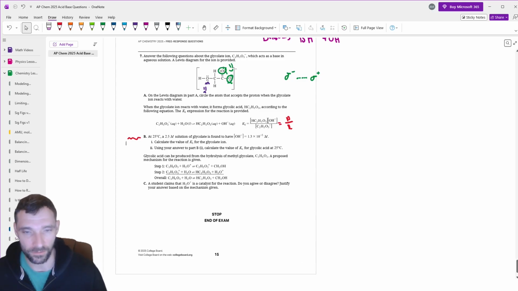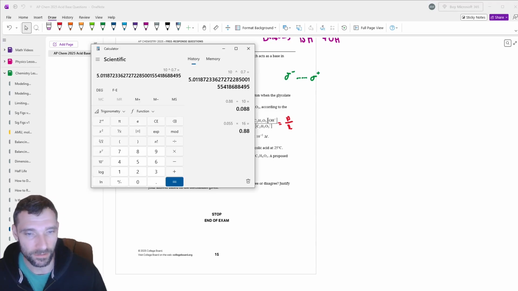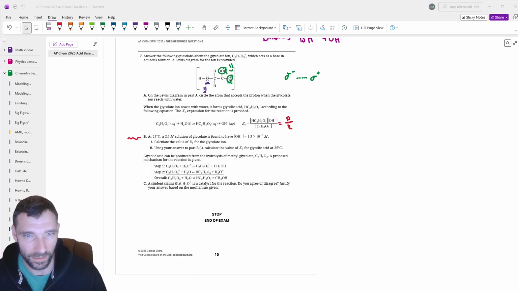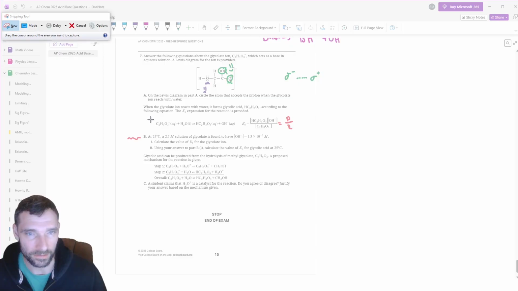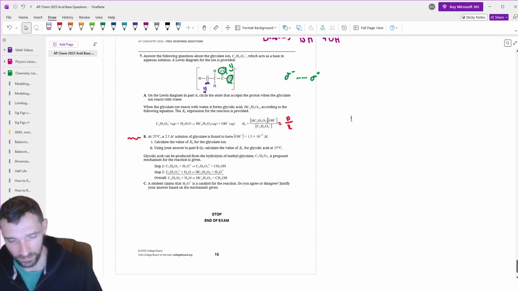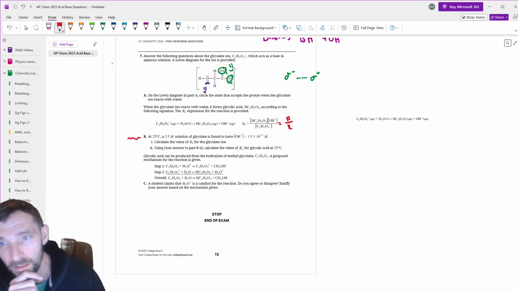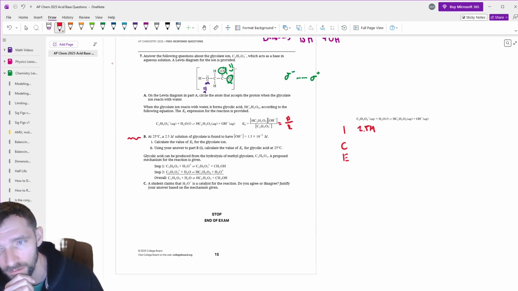So if we were to take that reaction and do a little math, this is actually probably the easiest of the math things with those ice tables that you are used to doing. So we can see our ICE. This had a 2.5 molar concentration. Some of that dissociated, producing some of these things right here.